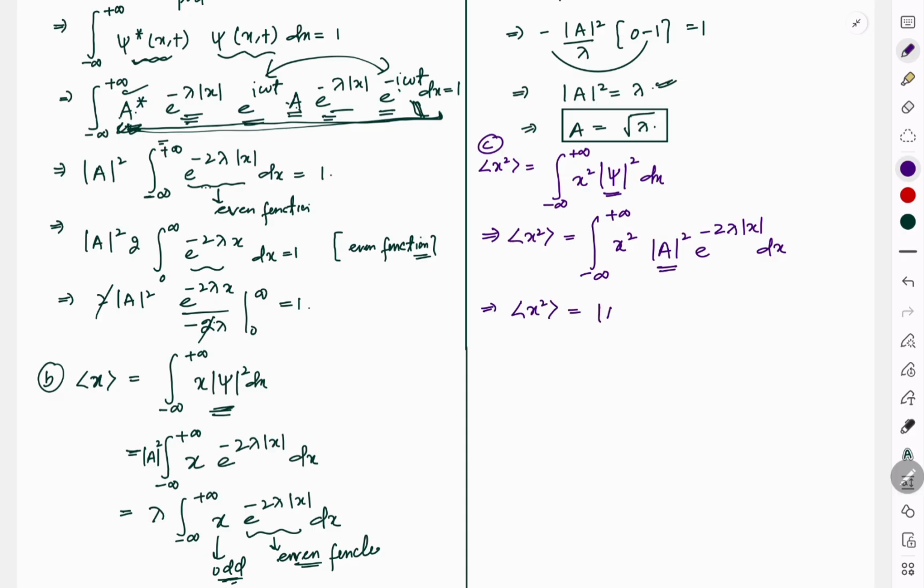Let's take this mod A square outside, then there remains the integral from minus infinity to plus infinity of x square e to the power minus 2 lambda mod of x dx.